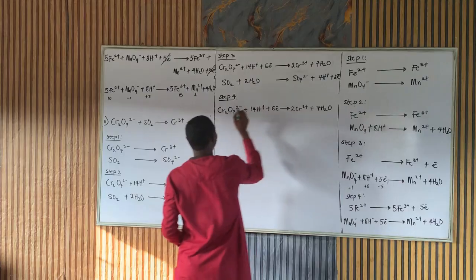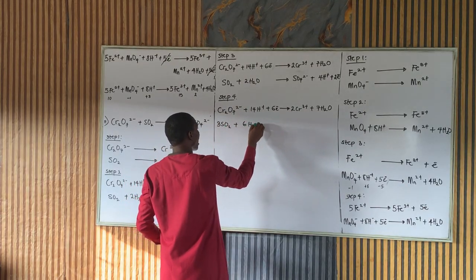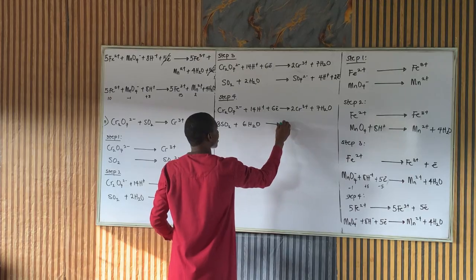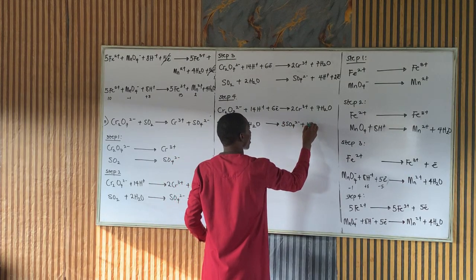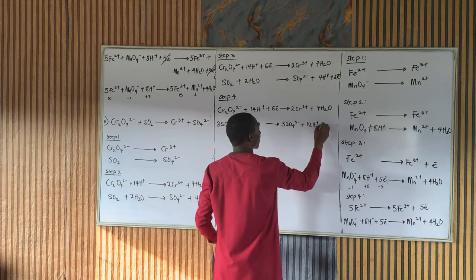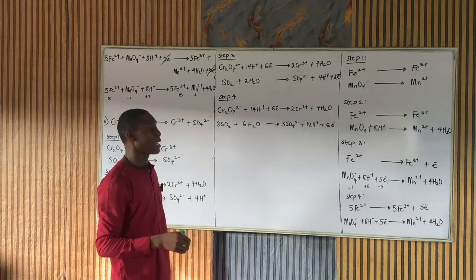The second one I multiply by 3. That's 3 SO2 plus 6 molecules of water to give 3 SO4 2 minus plus 12 hydrogen ion plus 6 electron. Now the electrons are the same, we balanced it.